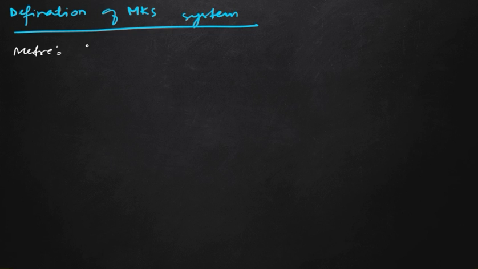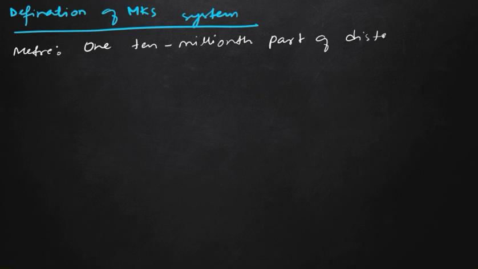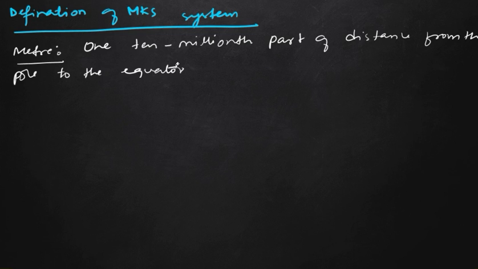It is the 1/10 millionth part of the distance from the pole to the equator, and that is called a meter.